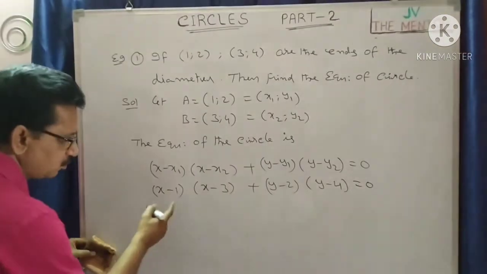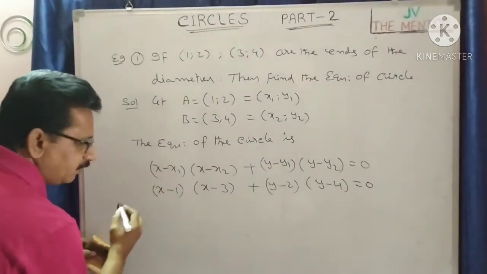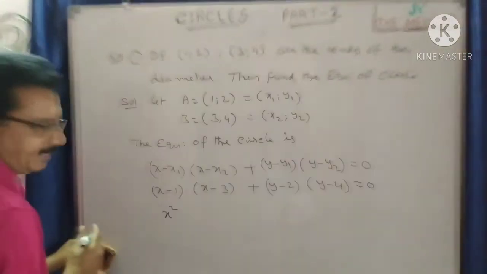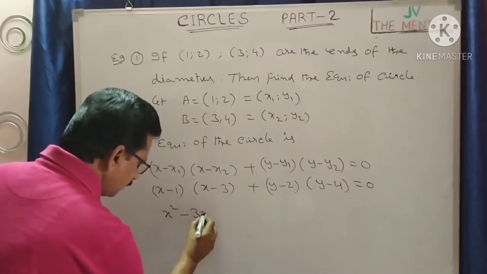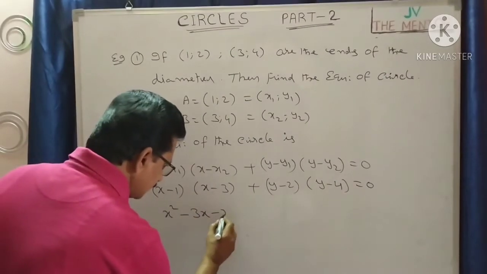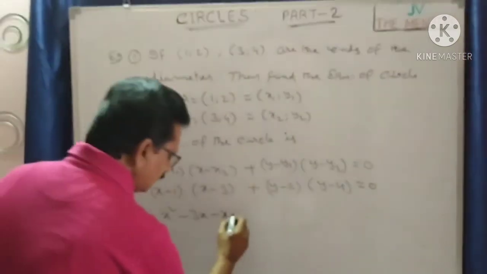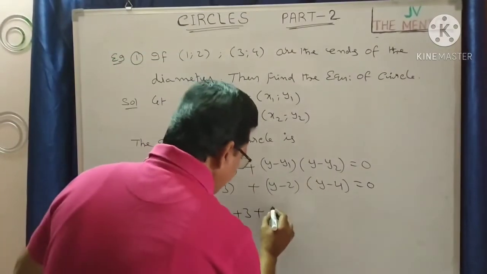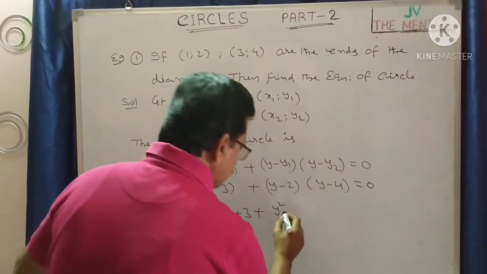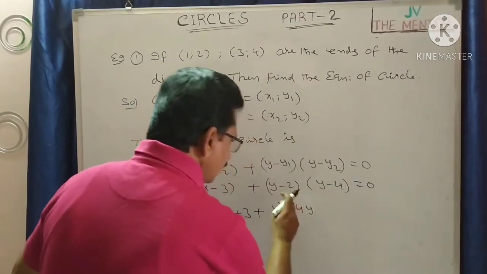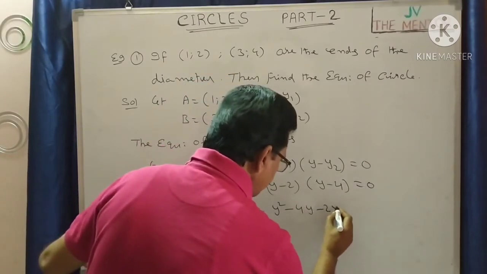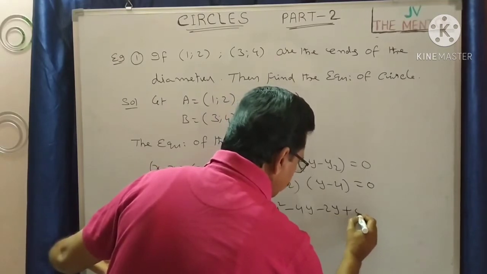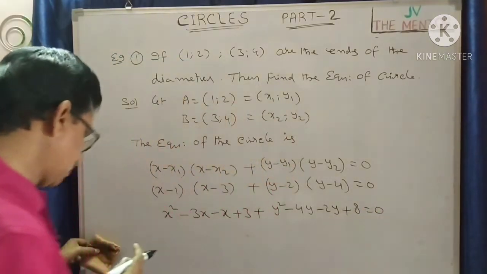Now multiply these two factors. (x minus 1)(x minus 3): x into x, x square; x into minus 3, minus 3x; minus 1 into x, minus x; minus 1 into minus 3, plus 3. Plus y into y, y square; y into minus 4, minus 4y; minus 2 into y, minus 2y; minus 2 into minus 4, plus 8, equal to 0.